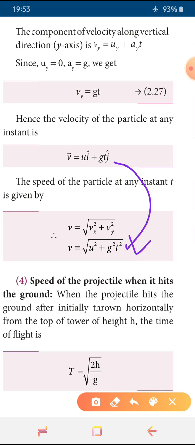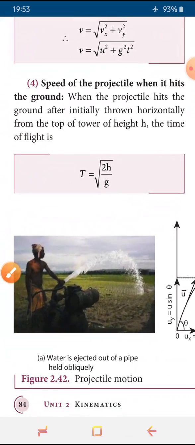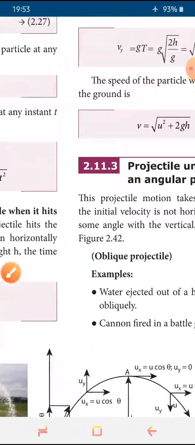Okay, and fourth point, the speed of the projectile when it hits the ground. So here the motion is given clearly and time of flight is given, and when a projectile hits the ground after being thrown horizontally from a height h, for the time of flight we have the formula capital T is equal to square root of 2h divided by g. Okay, so what is the time of flight?